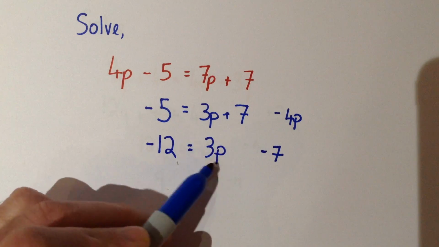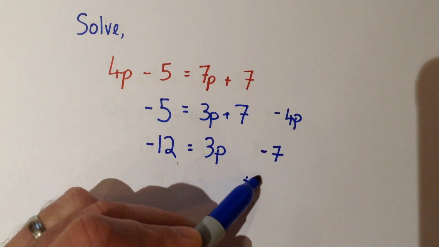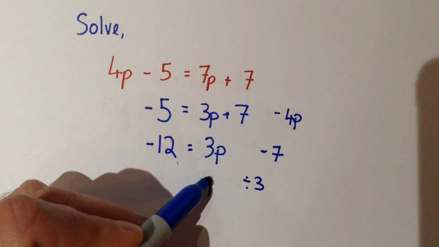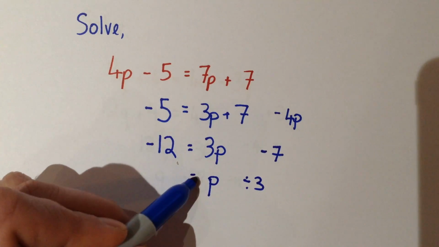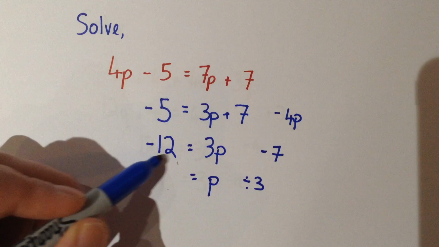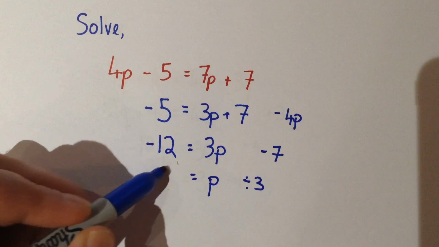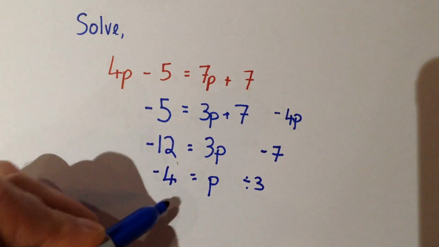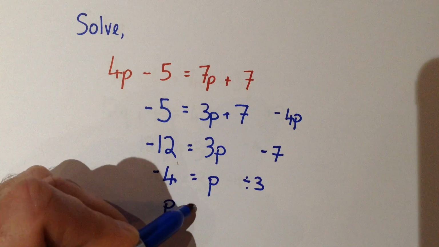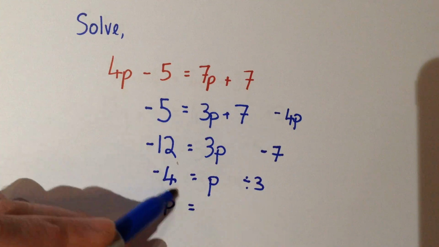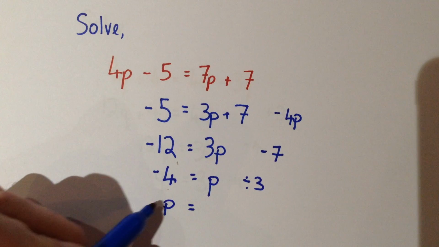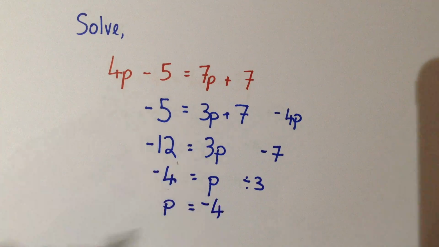Then to get p on its own, I need to divide by 3, making that p. And on the left hand side, minus 12 divided by 3 is minus 4. The convention then normally would be to switch these round so that the unknown is on the left, so p is equal to minus 4.